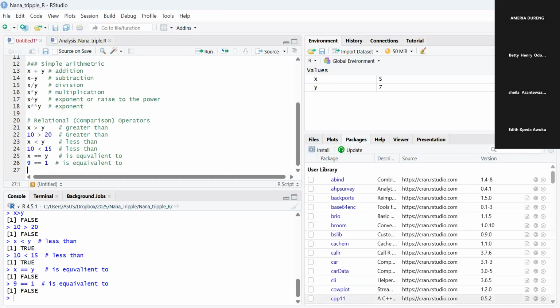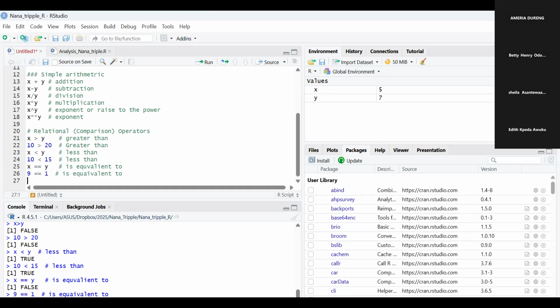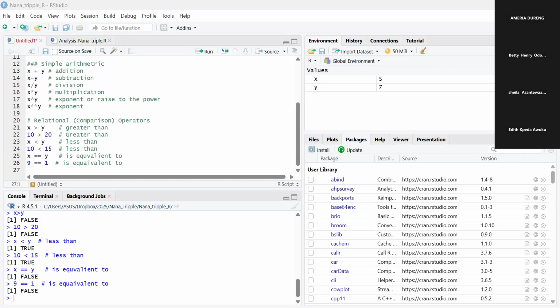Now, in English language, you hear the word not equal to, true or false? So you see 9 is, what is this? Not equal is the exclamation sign. Where is my exclamation sign?